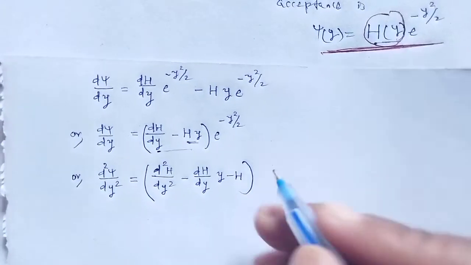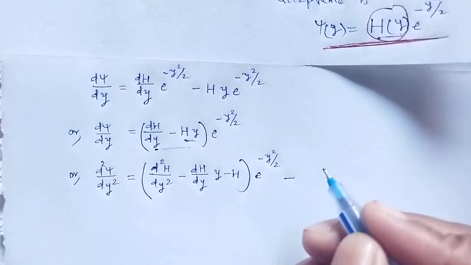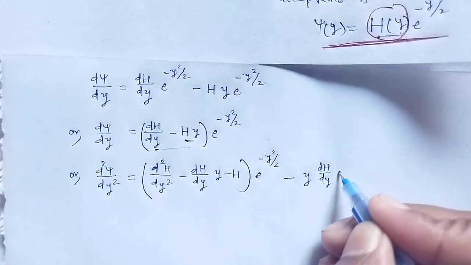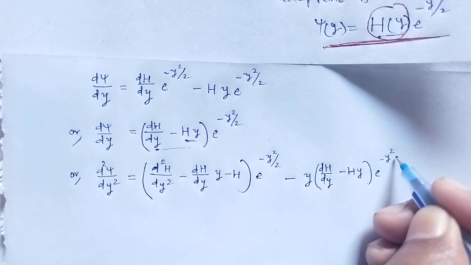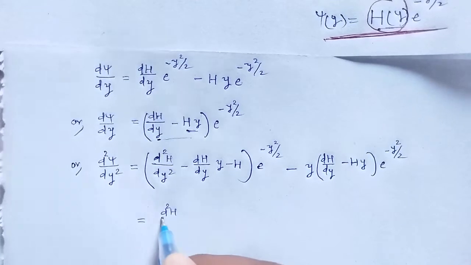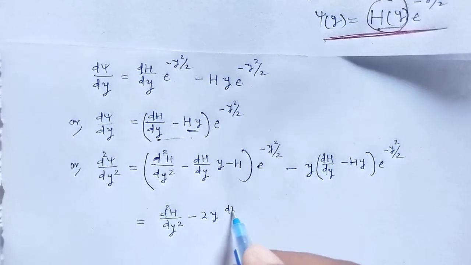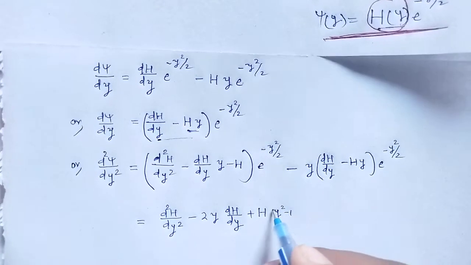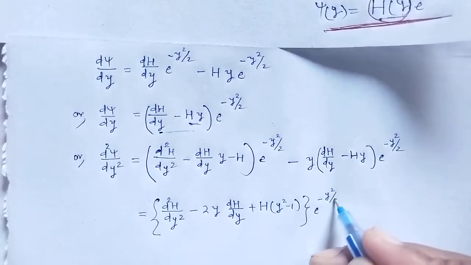In the case of h y, e to the power minus y square by 2 minus y dh by dy minus h y e to the power minus y square by 2 is equal to d square h by dy square minus 2y dh by dy plus h (y square minus 1) e to the power minus y square by 2.